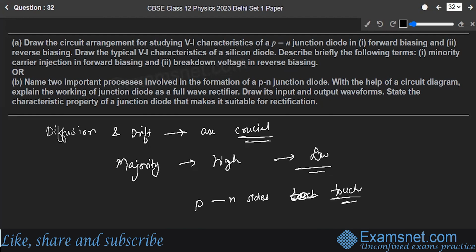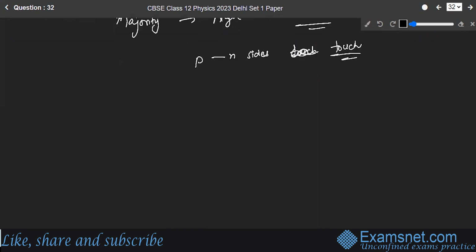From the N to the P side, electrons move and unite with the holes. Similarly, holes move from the P to the N side.